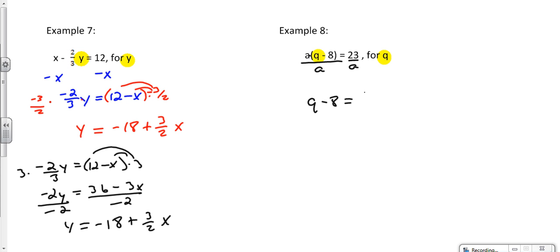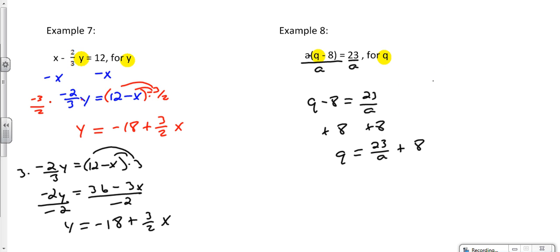And once I move it, now I can get rid of the parentheses. Add 8 to both sides. 23 over a plus 8. And that is acceptable. I'd take that.